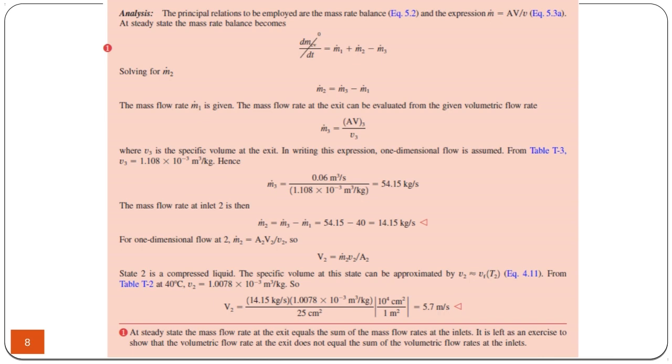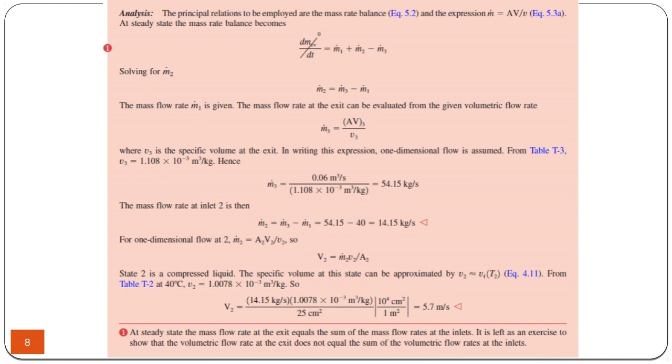So by using this value, you find the mass flow rate at the exit 3 to be 54.15. You were given the mass flow rate at the inlet 1 so that you can find the mass flow rate at the inlet 2. The mass flow rate at the inlet 2 is found to be 14.15.